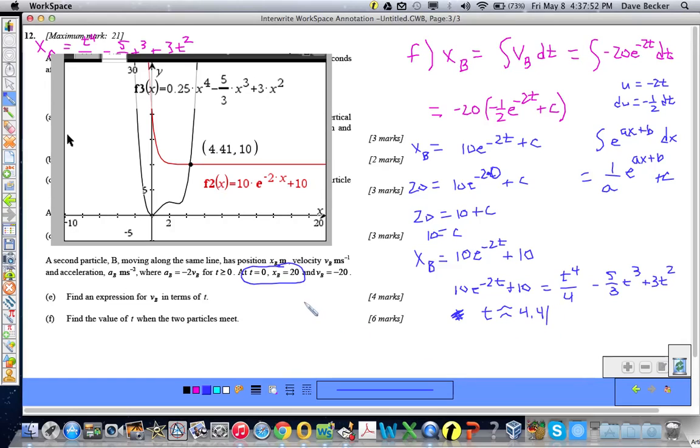And then we would need a little graph here. It doesn't have to be anything fancy, just something like this. In fact, you don't have to do the left of the y-axis, do you? Okay, and then something like this, and then 4.41, and that's fine. And that would do it for this problem.